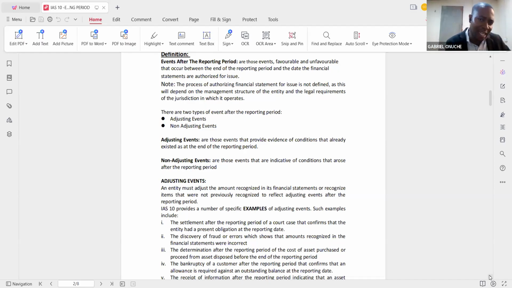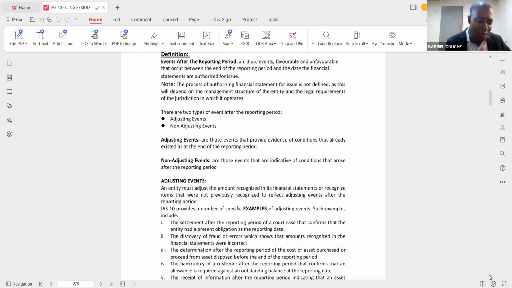After the financial statement is authorized for issue on 15th of March, it will be presented to the shareholders at the AGM, and they also deliberate and give other approval or sign.